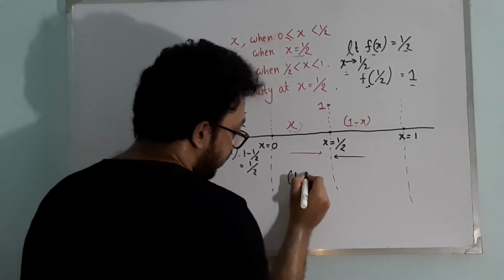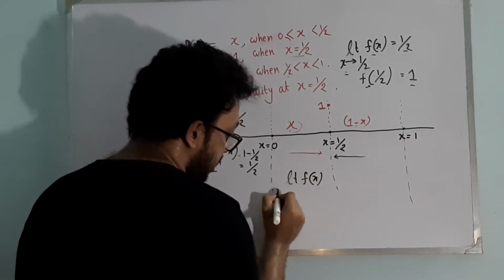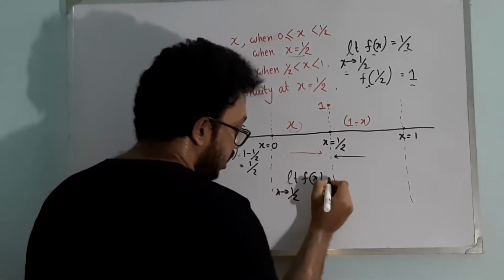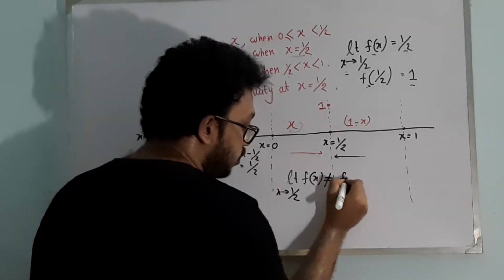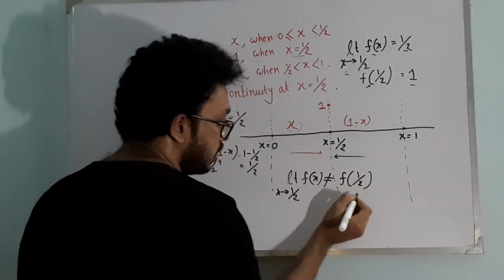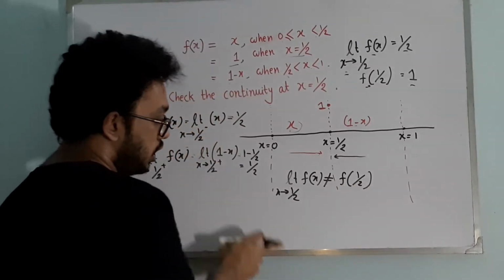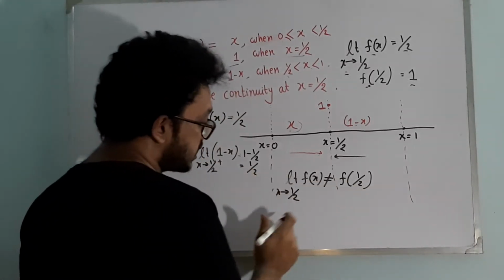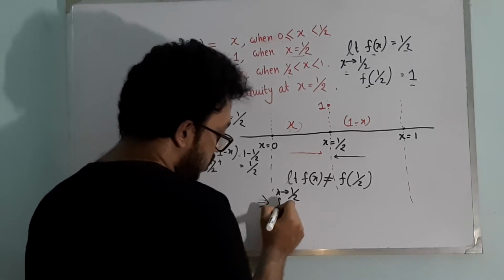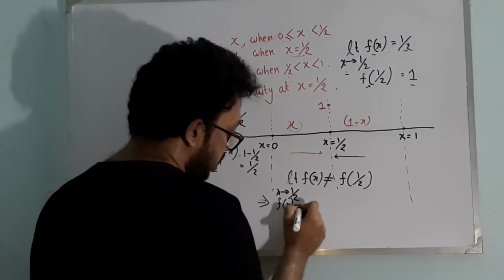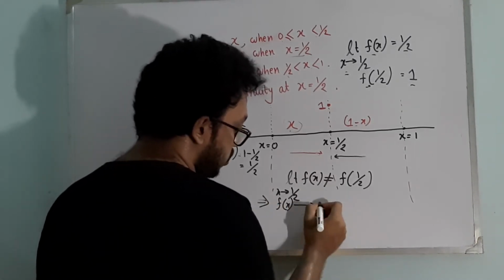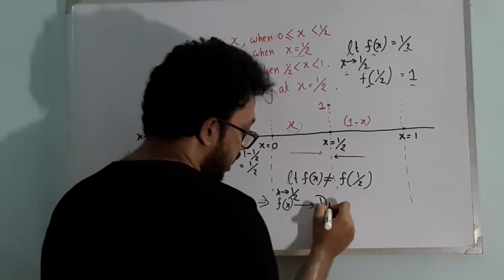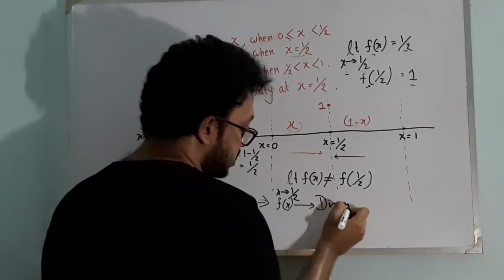We finally have that limit of the function f(x) at x equal to half is not same as the value of the function f(x) at x equal to half, which is denoted by f of half. So as the limiting value is not same as the functional value, clearly the function f(x) is not continuous at x equal to half, or f(x) is said to be discontinuous at x equal to half.